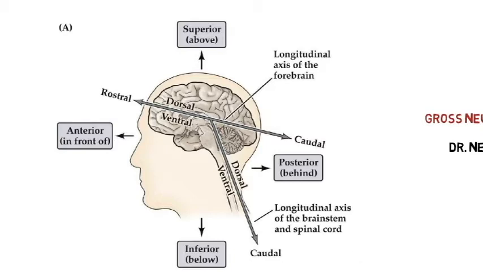Then there's dorsal, and dorsal means the upper parts or on top. So think in terms of the dorsal fin of a shark. Then there is ventral, and ventral means underneath or within.